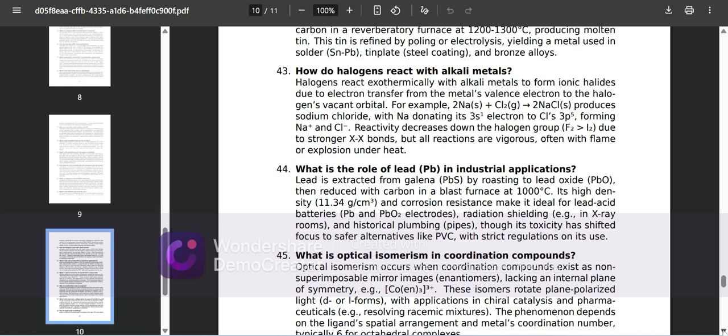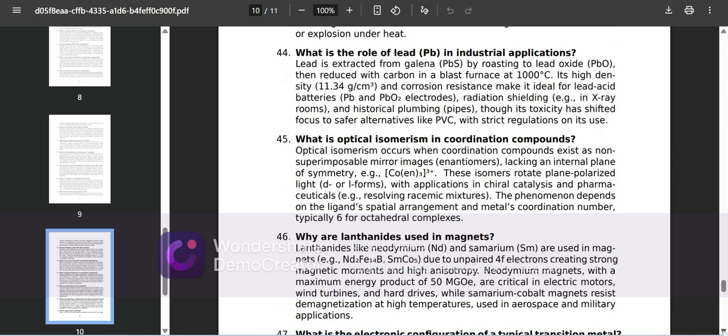Reactivity decreases down the halogen group, fluorine being more reactive than iodine due to weaker X-X bonds, but all reactions are vigorous, often with flame and explosion under heat.